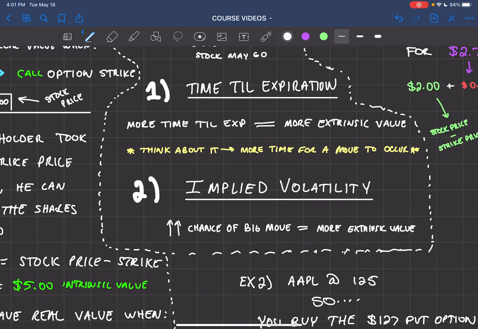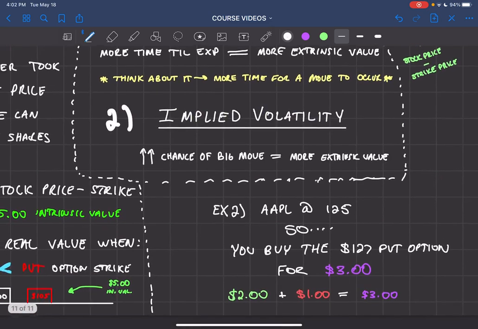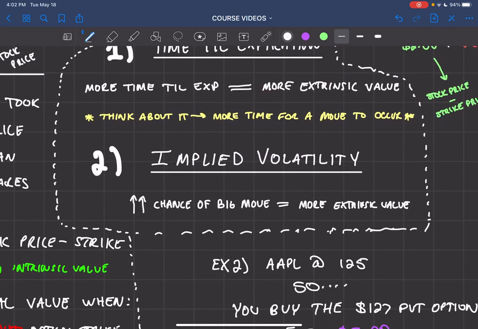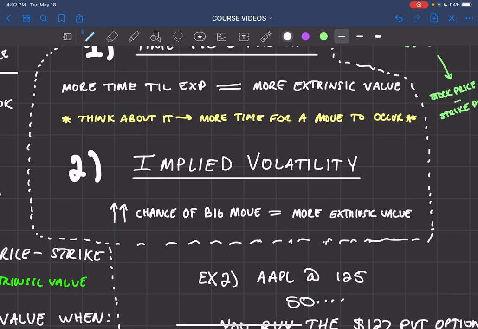Let's say a stock is trading at 100 and you buy the 105 call option contract, so $5 above where the stock is currently trading. Well, the more time there is for the stock to get to 105, the more extrinsic value it's going to have.